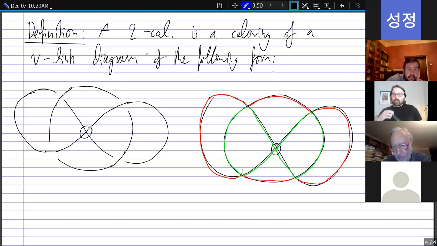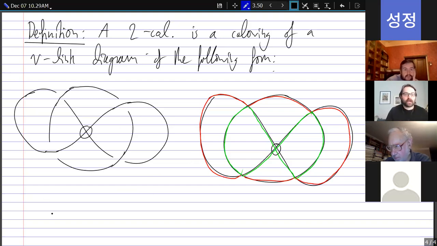So in some sense, this coloring is just the simplest biquandle. And yeah, so we can look at biquandles. You can generalize many things like parities and maybe your invariance as well. Yeah, that's a good point.